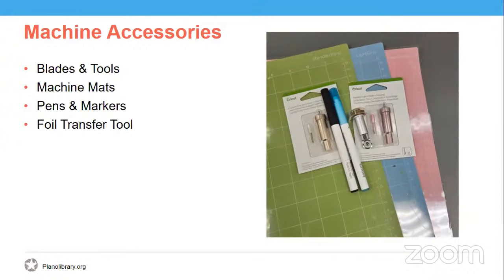And then you have the bonded fabric blade, which has a pink housing, and it's meant exclusively for bonded fabrics or fabrics with an iron-on backer. And then there is the silver standard blade that comes automatically with your machine.